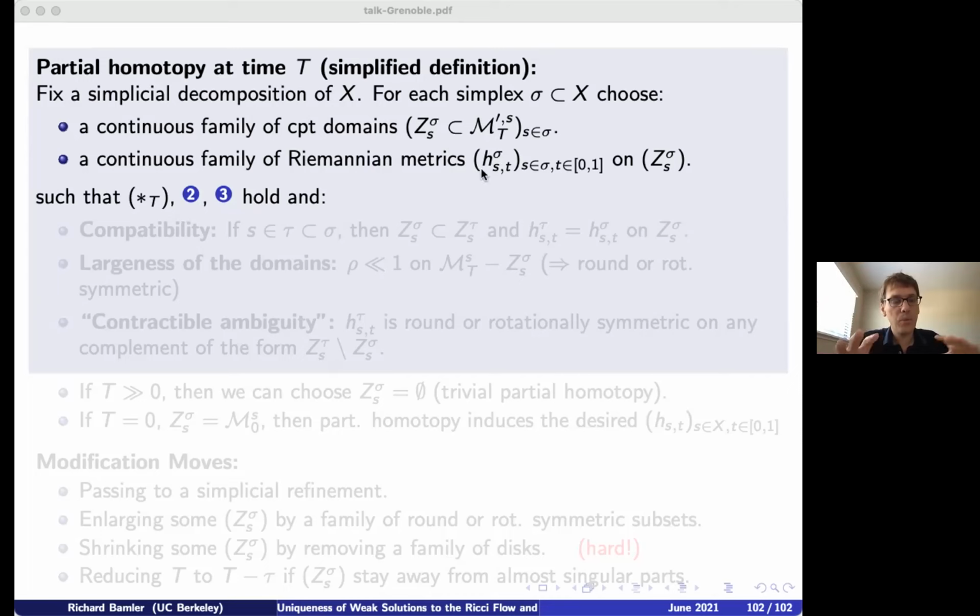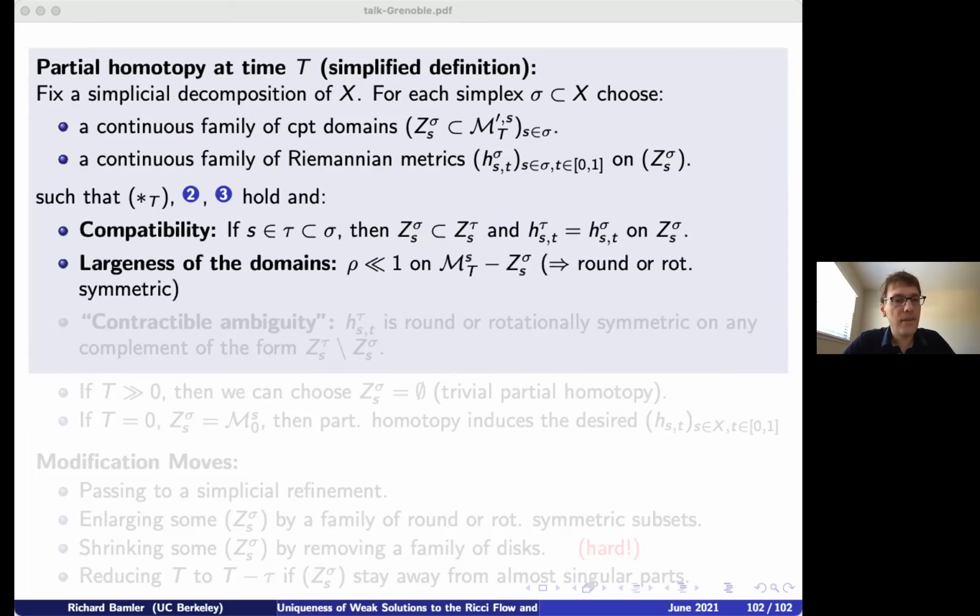But now we have different pictures over different simplices, so we need certain compatibility conditions. Again, if we take a smaller simplex contained in a larger simplex, we want the corresponding C sigma to be contained in the C tau, just as we've done in the simplified proof. We also need some kind of largeness condition on these domains.